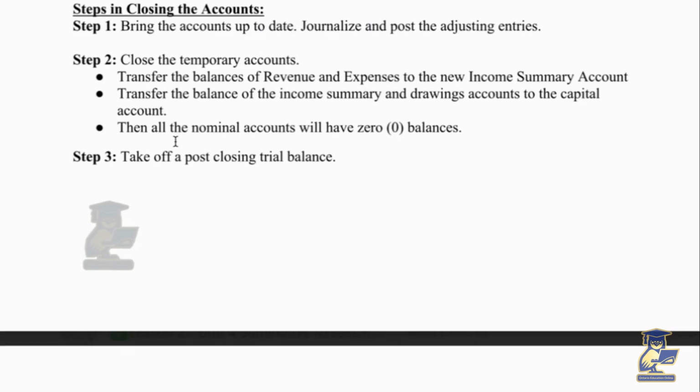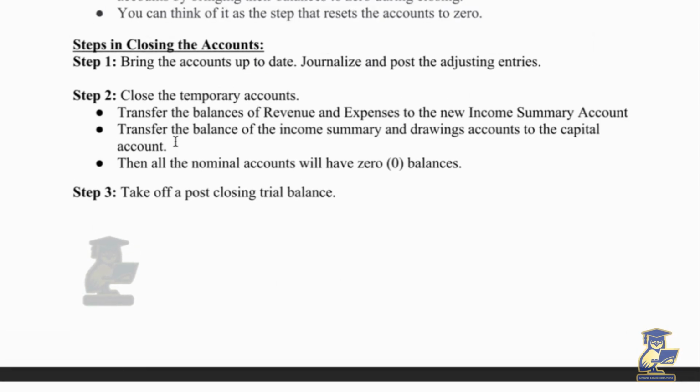So steps in closing the accounts. We're going to go through an example in a minute, but I just want to bring attention to the steps. So step one is to bring the accounts up to date. And in this case, we're journalizing and posting the adjusting entries. In step two, we are going to close the temporary accounts. Here, we're going to transfer the balances of revenue and expenses to that new income summary account that I was just talking about.